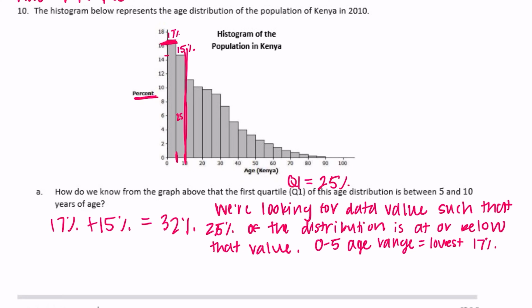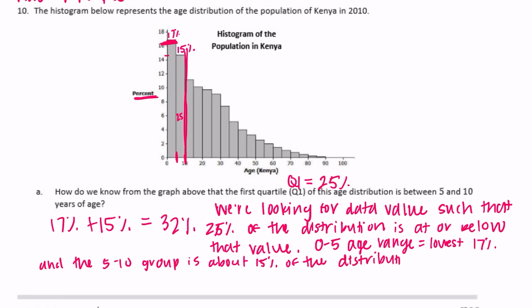And the next group, the 5 to 10 group, is about 15% of the distribution.